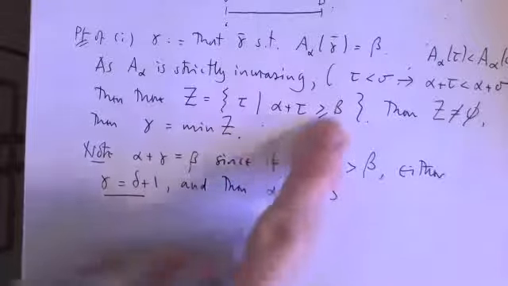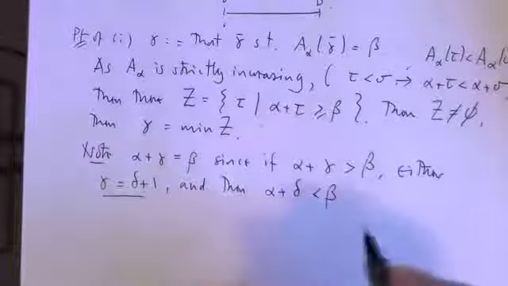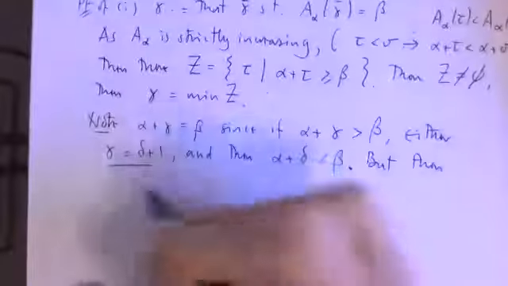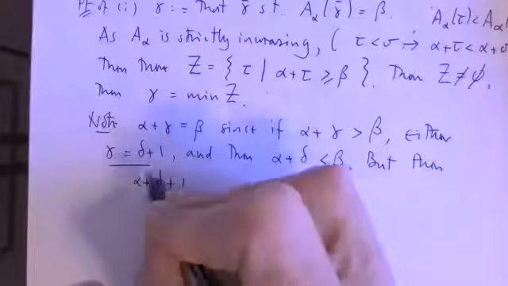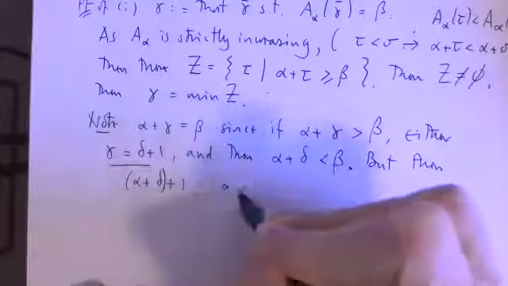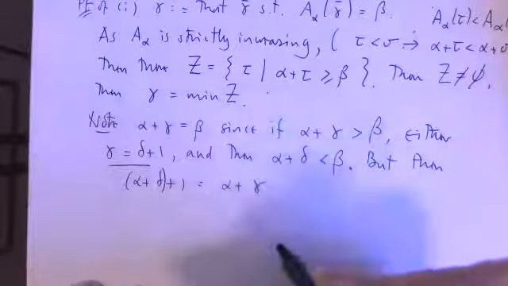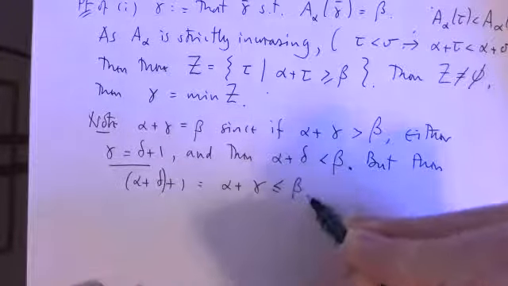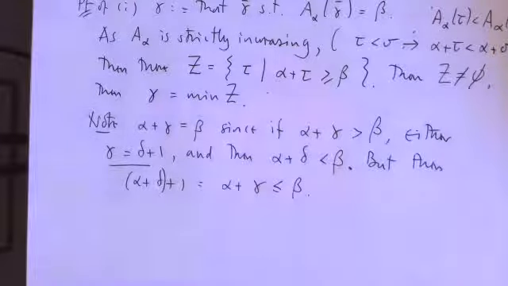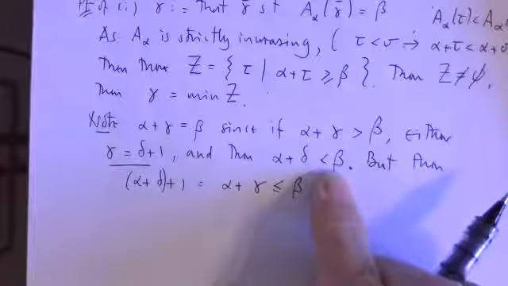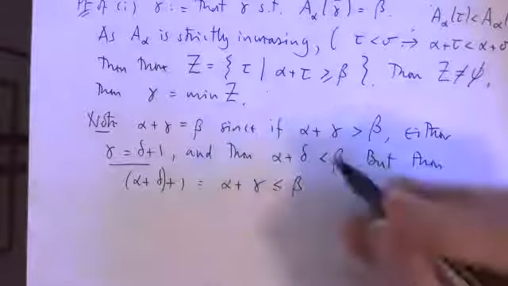So alpha plus delta is less than beta. But then this is nonsense. Alpha plus delta plus 1 is alpha plus gamma, right? And that's less than or equal to beta. If I add 1 to this, I end up being less than or equal to beta here. But alpha plus gamma is supposed to be bigger than beta. That's a contradiction.